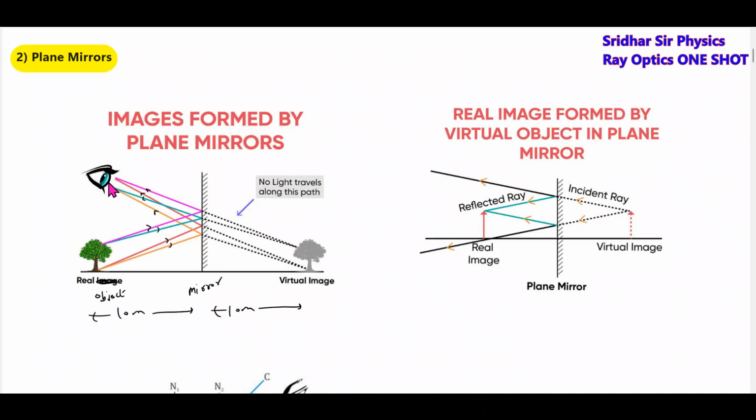Now what will the eye see? The reflected rays will enter into the eye. This is a very, very important concept. These are incident rays. There's a concept involved in when an eye will perceive the image. I will visualize or see the image formed by the optical instrument, when reflected or refracted rays enter into the eye.